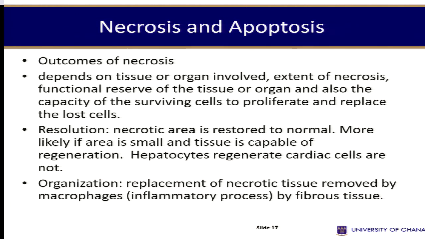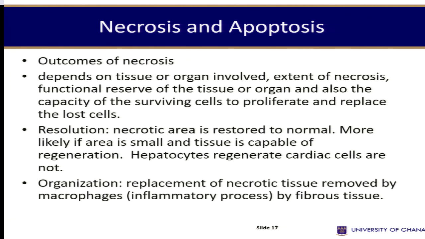Outcomes of necrosis. Depending on the tissue or organ involved, the extent of necrosis and the functional reserve of the organ, and the capacity of the surviving cells to proliferate and replace lost cells, various scenarios may occur. First one is resolution. This is when the necrotic area is restored to normal.